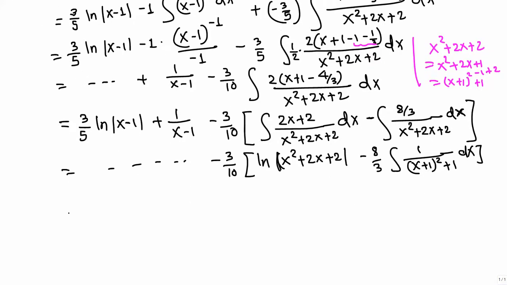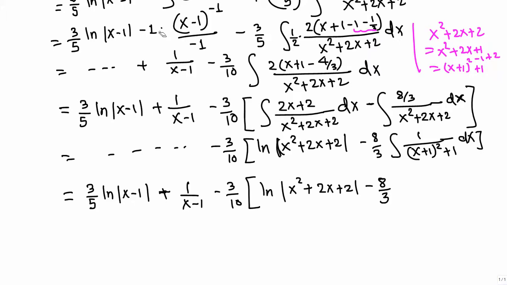So let me copy this and I'll come back. So we have 3/5 natural log of x minus 1 plus 1 over x minus 1 minus 3 over 10 times quantity natural log of x squared plus 2x plus 2. The very last one now, negative 8 over 3. This is kind of, if we think x plus 1 is u, so 1 over u squared plus 1.